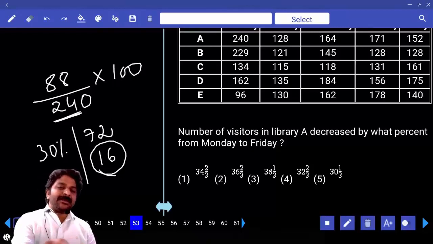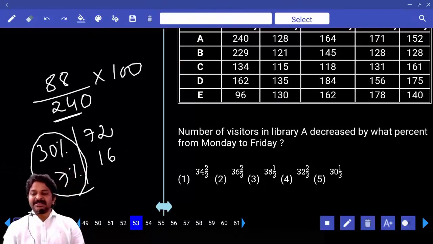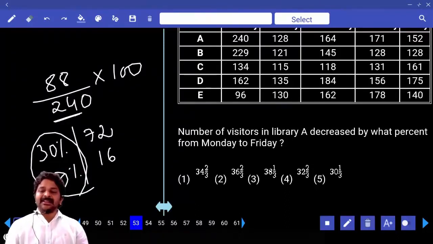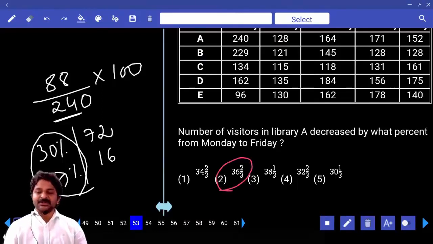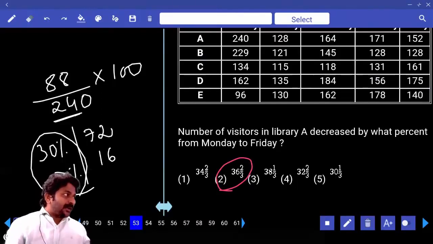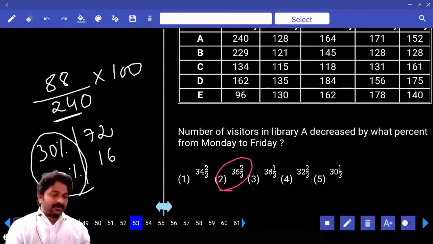That would be approximately 2% only. So answer must be approximately 37%. How many options are there? Approximately 37. How many options are there? There is only one. Which option is that? 36 2 by 3. Ida 51.